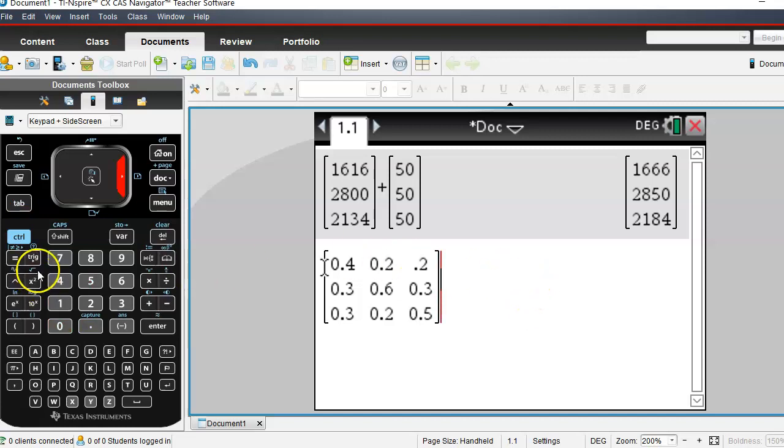Okay, so I might store that just in case.